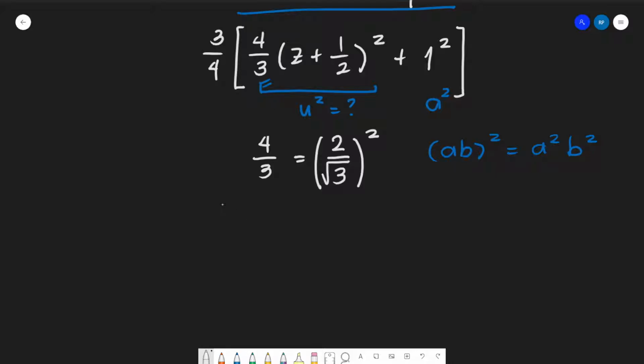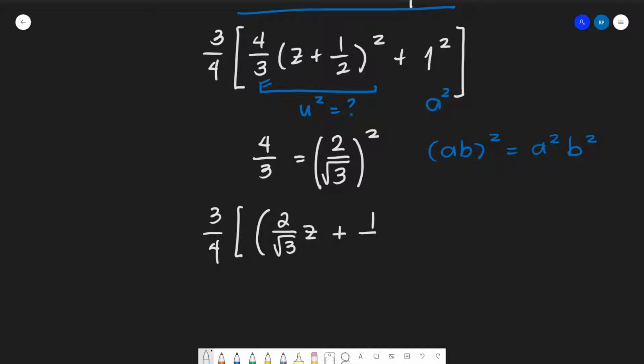So, we will have 3/4 times 2 over square root of 3 times z. Dinistribute ko na siya dito, ha? Plus 1/2 times square root of 1/2 times 2 over square root of 3. So makakancel yung 2.